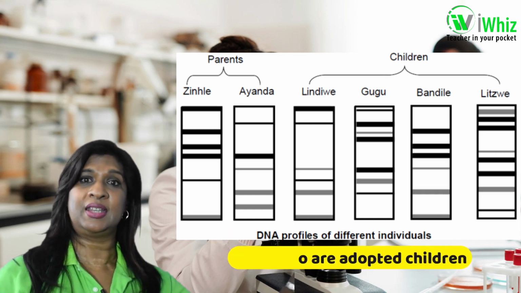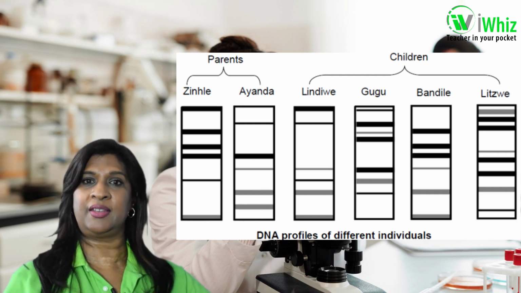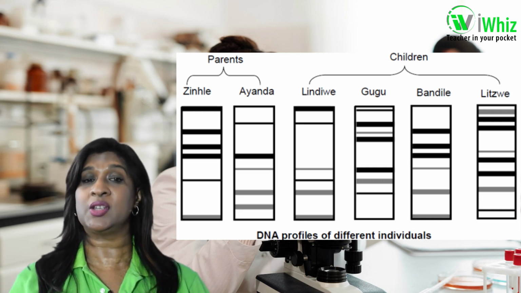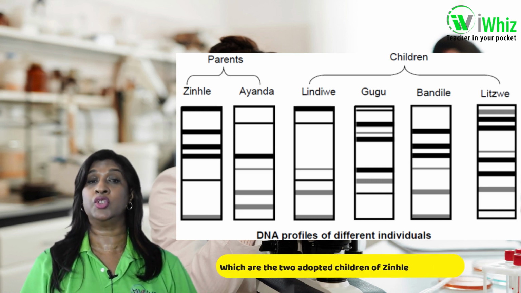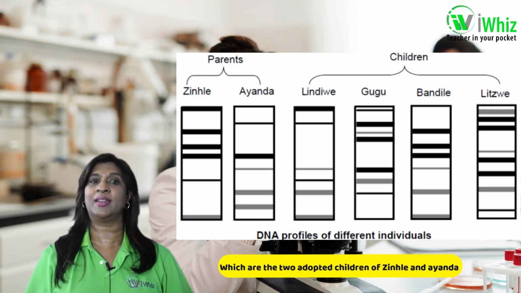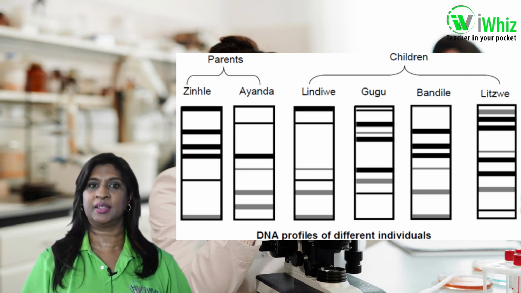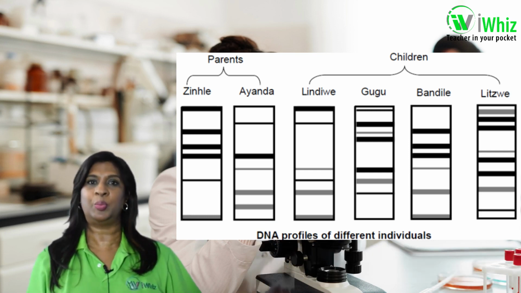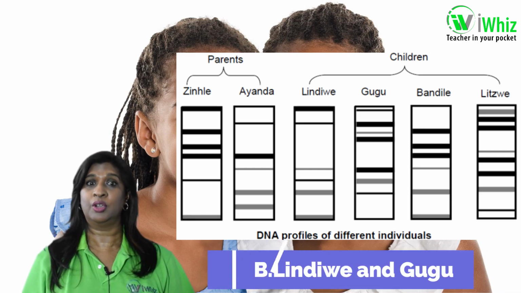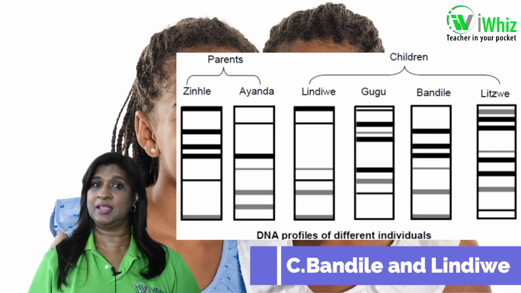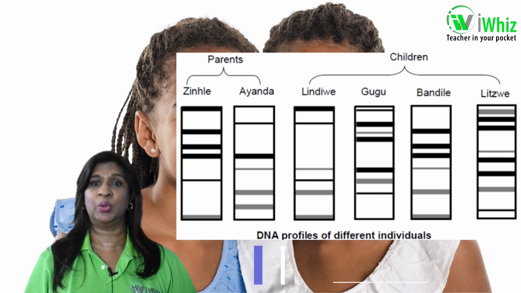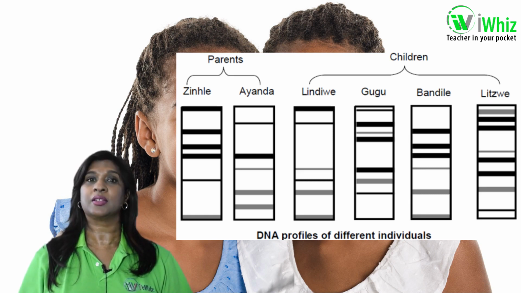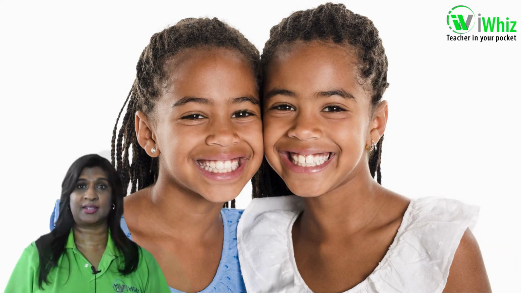So you can see the 6 DNA profiles, you can see the names of the parents, the names of the 4 children. The question is, which are the 2 adopted children of Zinhle and Ayanda? And your options are given, right? A says Litswe and Bandile, B says Lindiwe and Gugu, C is Bandile and Lindiwe, and D is Gugu and Litswe. Combinations.